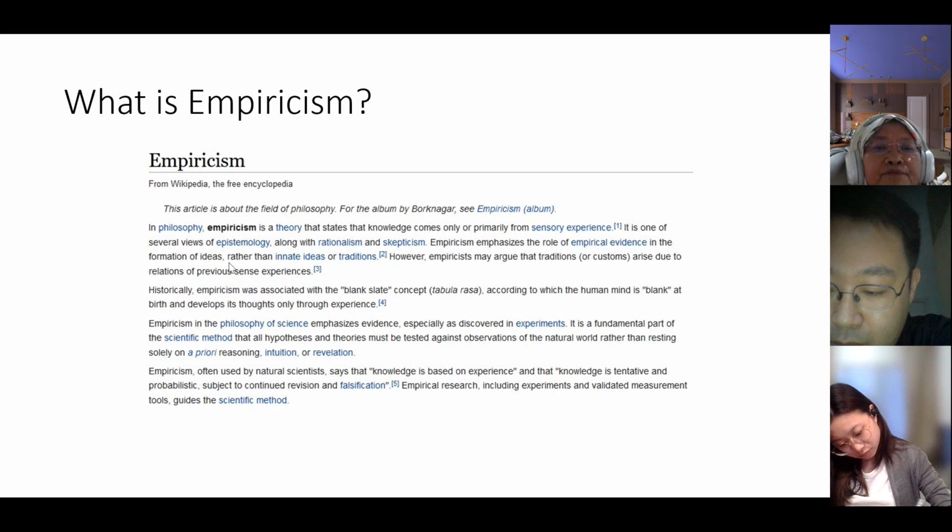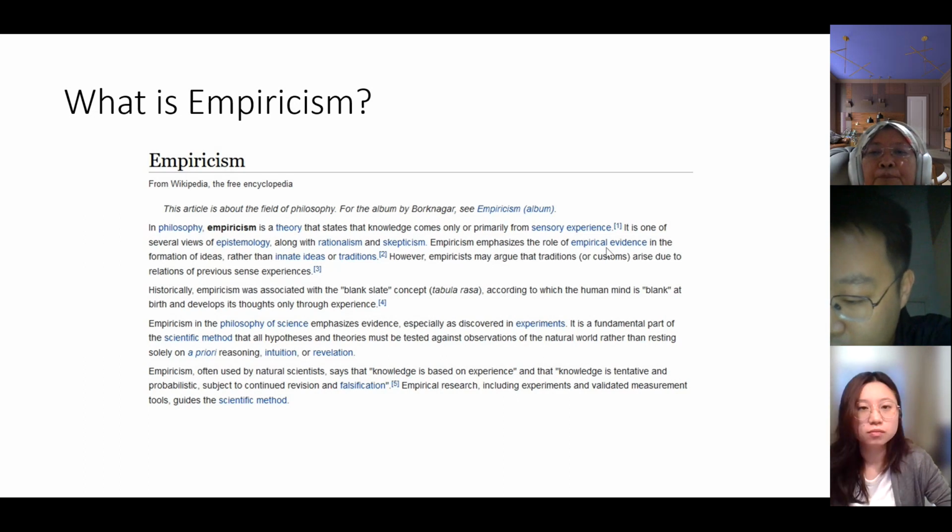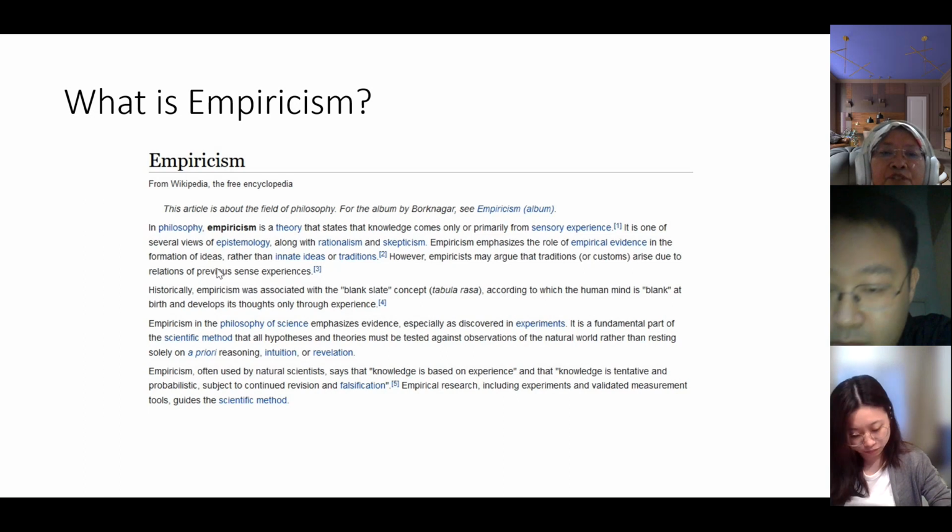It is one of the several views of epistemology, along with rationalism and skepticism. Basically, empiricism emphasizes the role of empirical evidence in the formation of ideas rather than innate ideas or traditions.